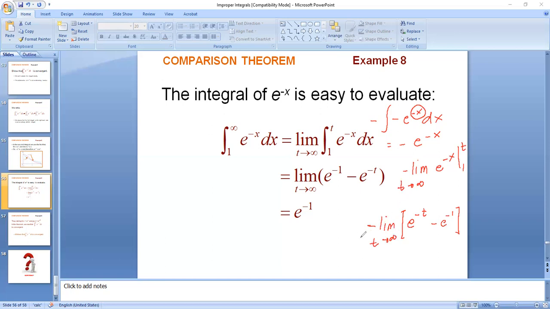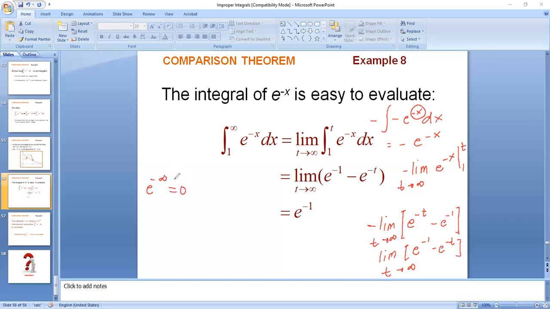And since you have the negative here, class, this will interchange the two. So you will have the limit of e raised to negative 1 minus e raised to negative t as t approaches infinity. Now, if you substitute infinity here for e raised to minus t, I will not write it so you can see. e raised to minus infinity is equal to 0.